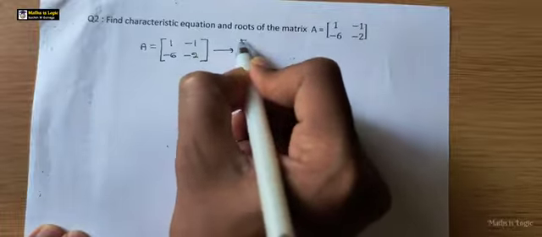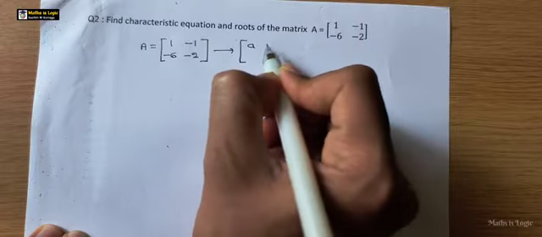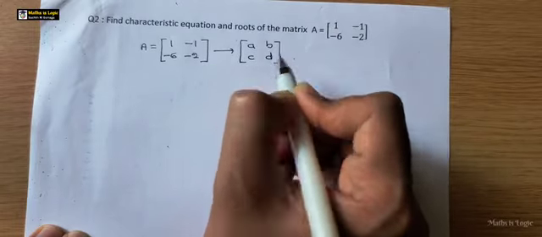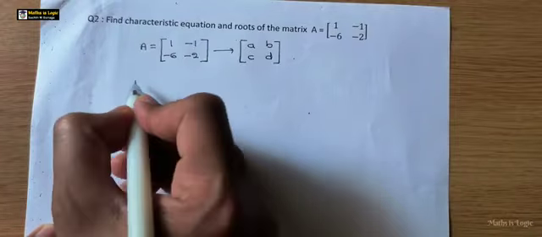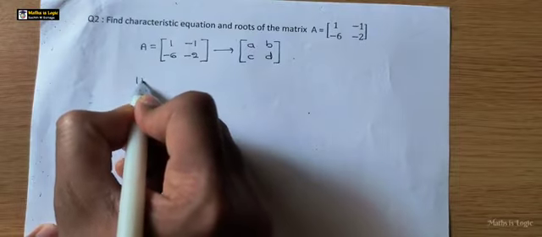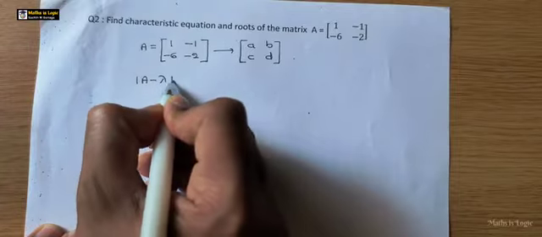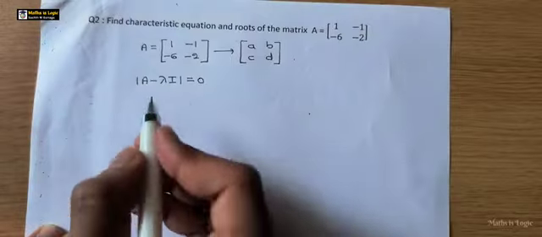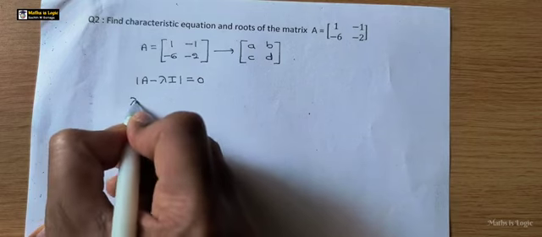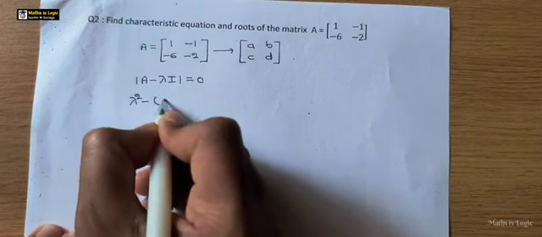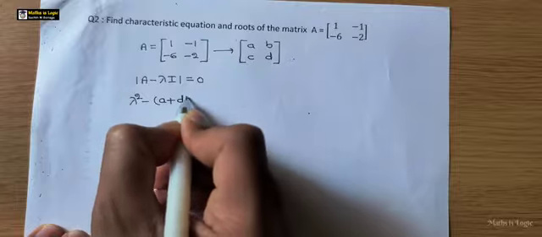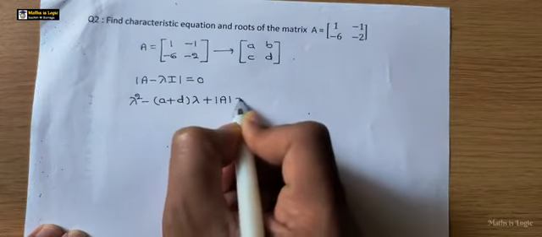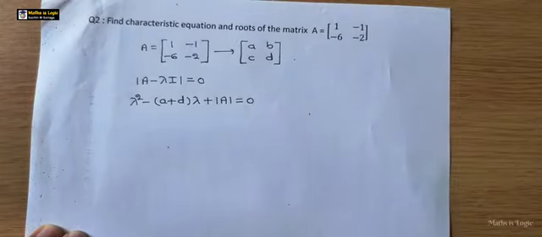Next, compare this with standard form A, B, C and D. Now write the formula for characteristic equation. Determinant of A minus lambda I is equals to 0. So this is the standard formula. Next write the shortcut formula. Lambda square minus (A plus D) into lambda plus determinant of A value is equals to 0.